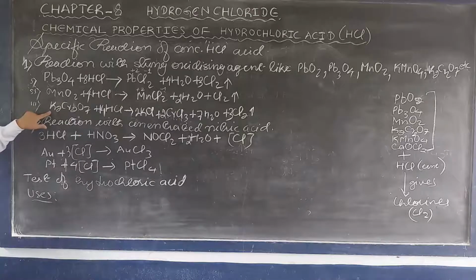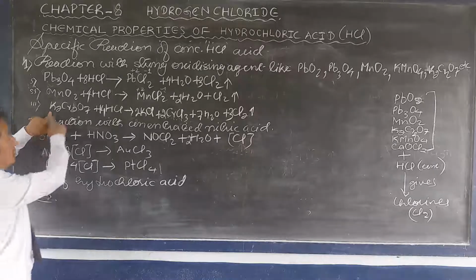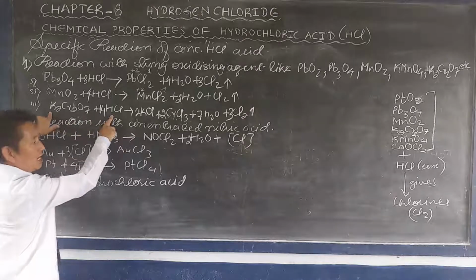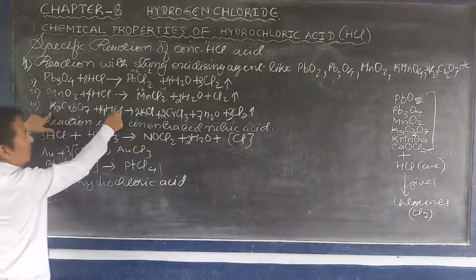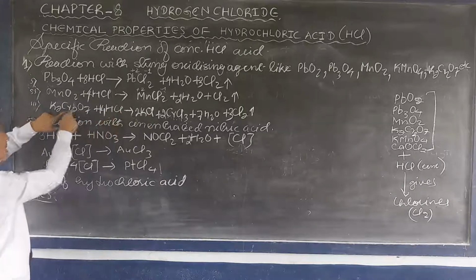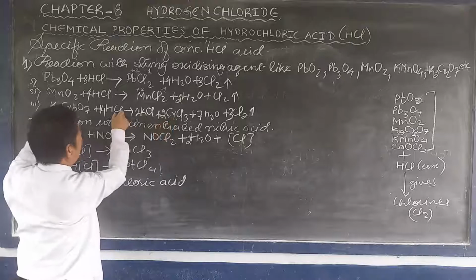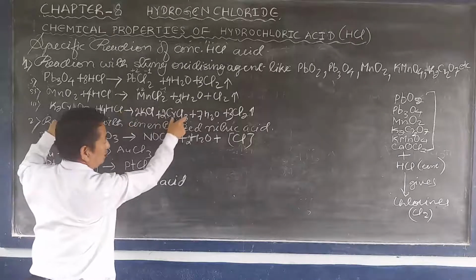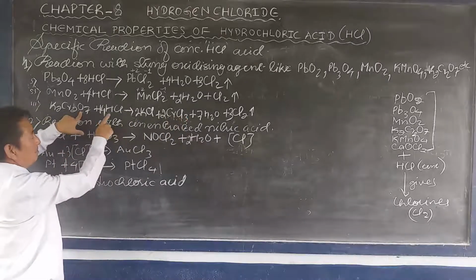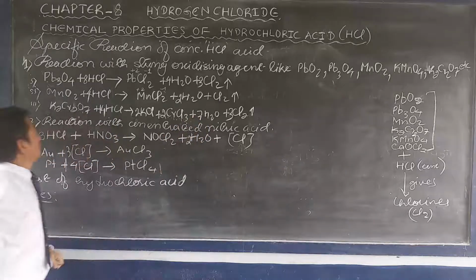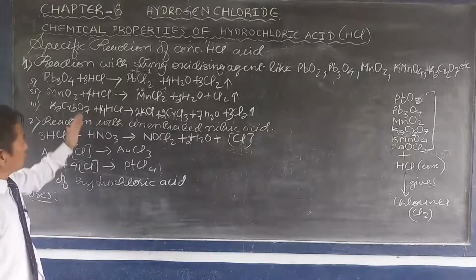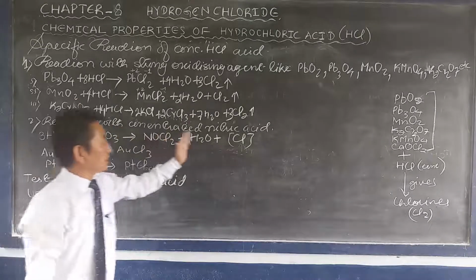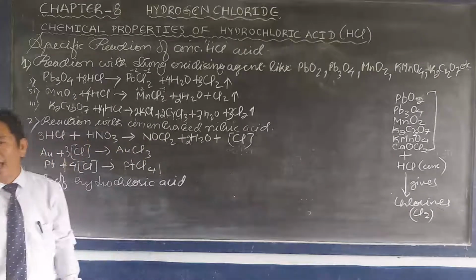Then potassium dichromate, K2Cr2O7. When it is treated with concentrated hydrochloric acid, chlorine gas is evolved. This potassium combines with chloride, potassium chloride, chromium combines with the chloride of this hydrochloric acid, chromium chloride, oxygen combines with hydrogen, water molecule.